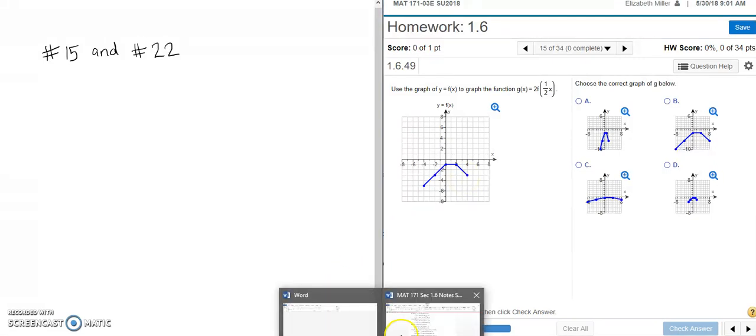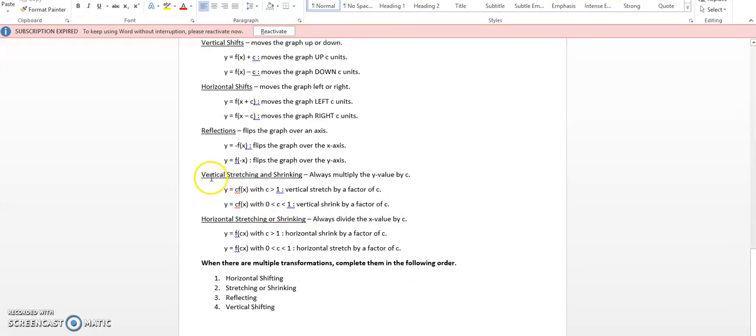The other thing I want to point out, when you're talking about vertical stretching and shrinking, if c is greater than 1, that's a stretch. If c is between 0 and 1, that's a shrink. But when you're talking about horizontal stretching and shrinking, it's actually the opposite. So c between 0 and 1 on the inside is a horizontal stretch.